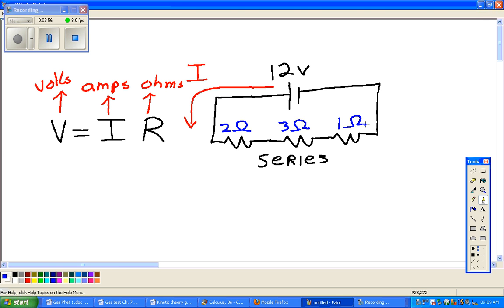When I see that current, are you able to see that the same current has to go through every single part of that circuit?